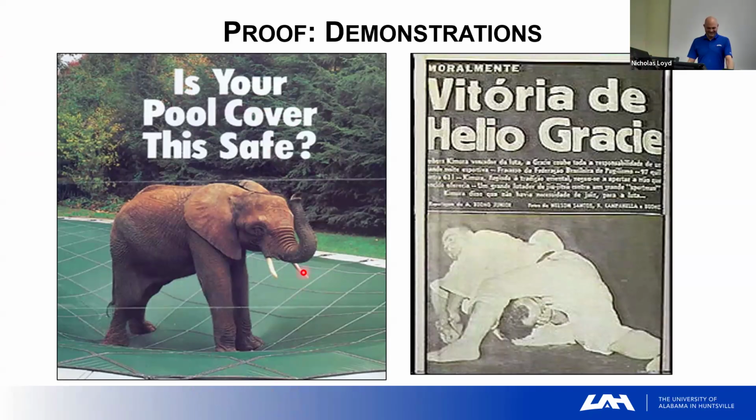Our pool cover. That one must be pretty strong. This one. So I've trained Brazilian Jiu-Jitsu for a long, long time. And in the early days of Brazilian Jiu-Jitsu, which is based off of, I'm going to really do my best not to geek out in history.